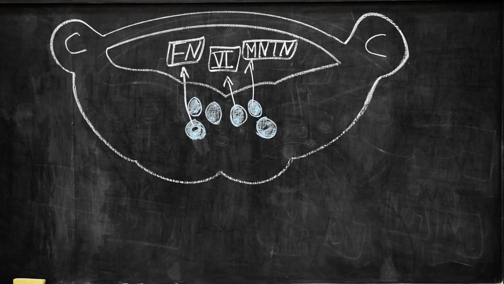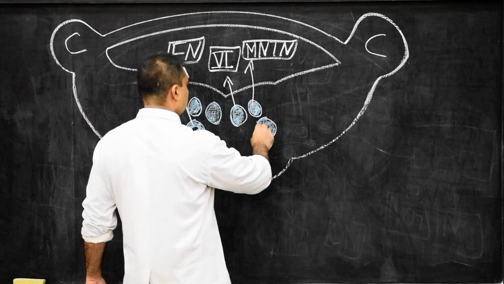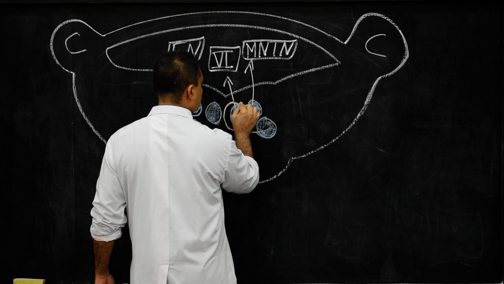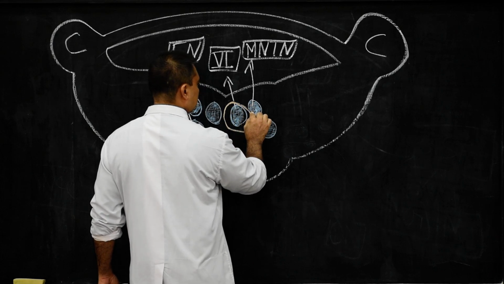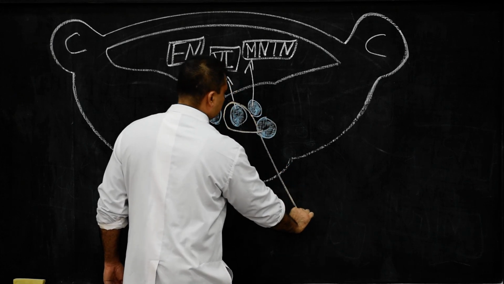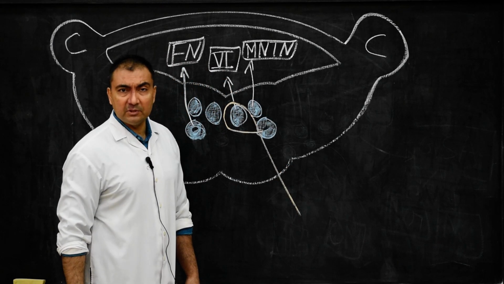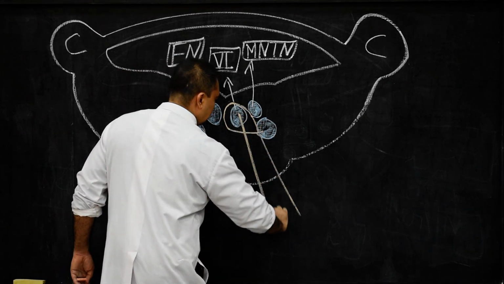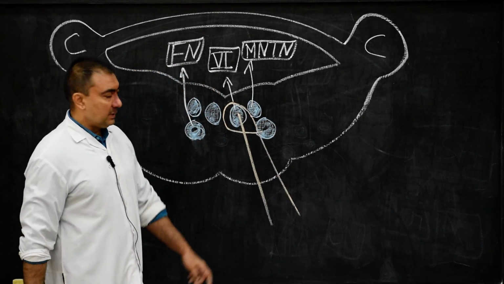These nerve fibers will be shown winding around. So this facial nerve will wind around and then pass in this way, winding around the abducens nerve nucleus, and the abducens nerve will pass in this way. This is how we show it.